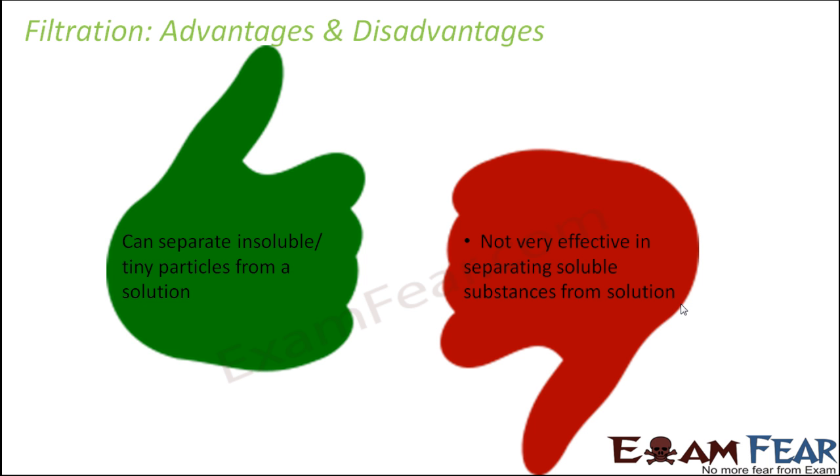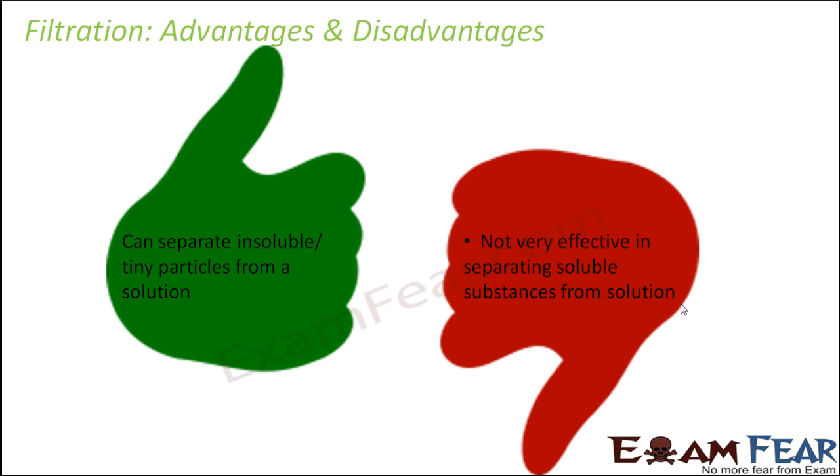Let's say instead of tea leaves in water, you have a sugar solution. Do you think that if you pass the sugar solution through a filter paper, it will block the sugar particles? No, because the sugar particles are completely dissolved in water, and the filter paper will allow the liquid to pass through it, and the sugar particles, being dissolved in water, will also pass through the filter paper.